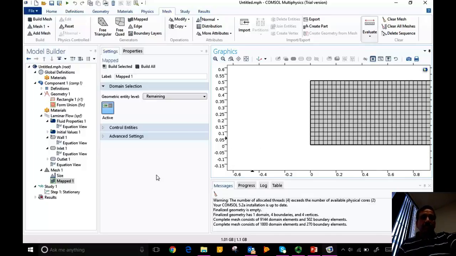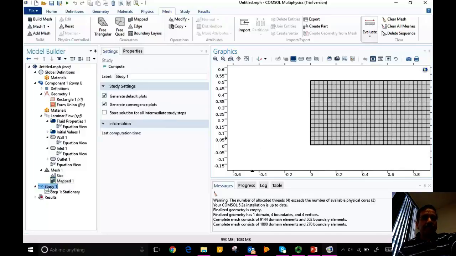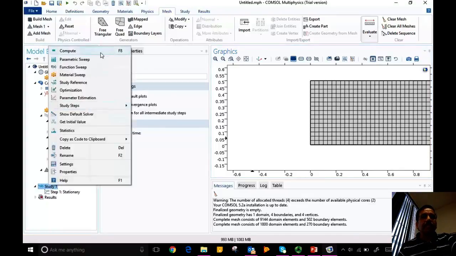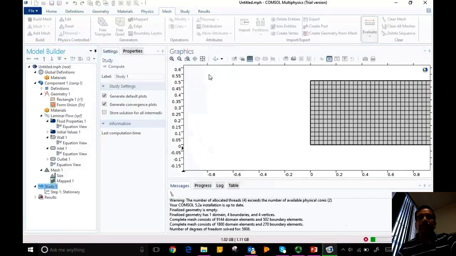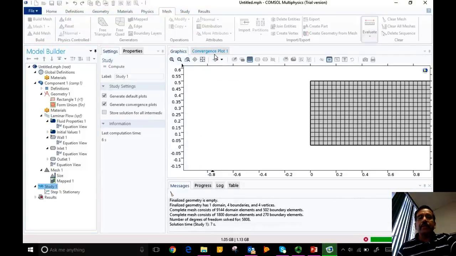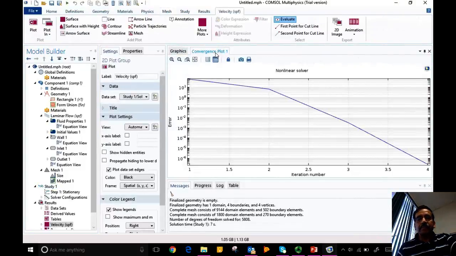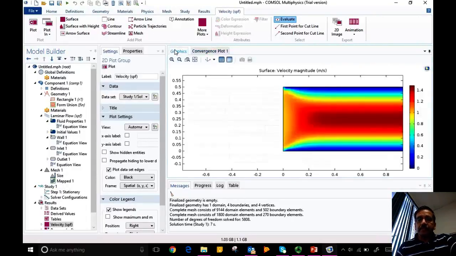Okay, so I've done the mesh. Let me just solve it. So go to the study, right click, compute. So it did it already, fast. So I have about 5,800 degrees of freedom.